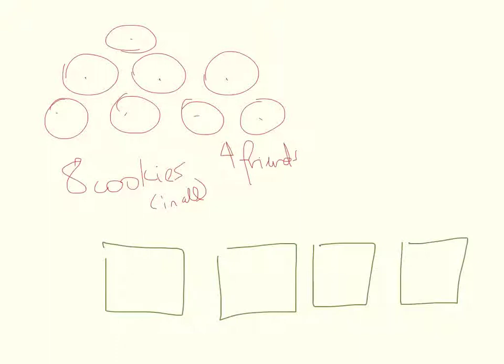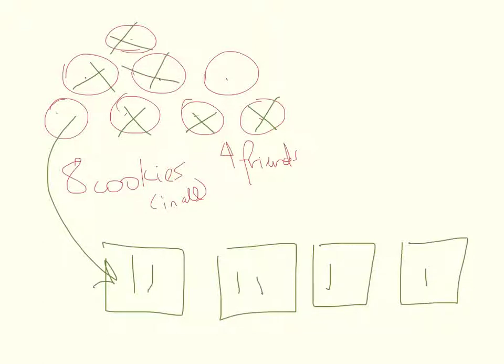Always draw a picture, it really helps. And we're going to break up the cookies. So 1 to this friend, 1 to this friend, 1 here, 1 here. Another 1 to this friend, another 1 to this friend, another to this friend, and another to this friend.